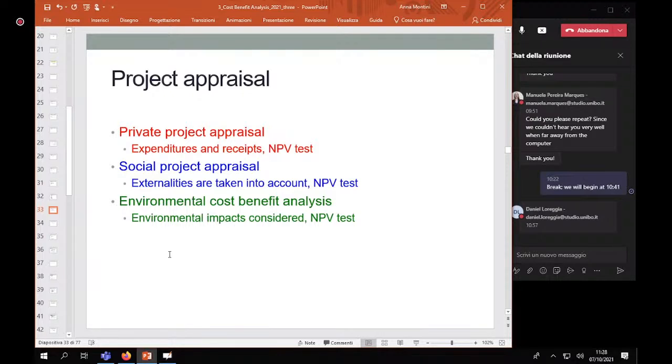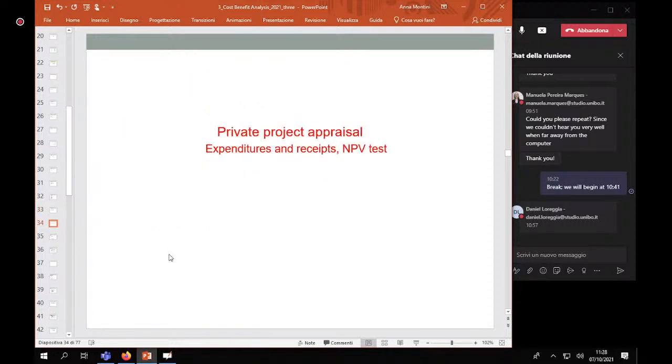If you have an environmental social project, you have to consider all the externalities, okay, and all the environmental impacts, both the positive ones and the negative ones. Okay. If you consider a private project appraisal, you have to estimate only the expenditures and the receipts. And then you can calculate the net present value test.